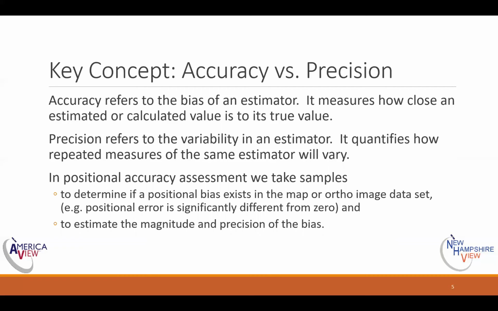So in positional accuracy assessment, when we take the samples, we use that to determine if a positional bias exists in the map or ortho image or whatever image we're trying to collect. Okay? So in other words, is the positional error significantly different from zero? Or am I not on top of each other? Okay? And we want to estimate the magnitude and the precision of the bias.